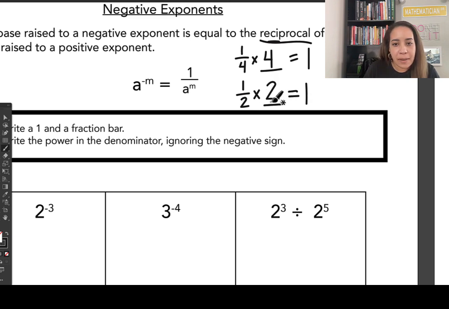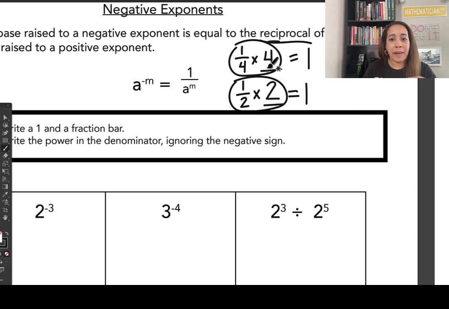So these are examples of reciprocals. 1/4 is a reciprocal of 4, and 4 is a reciprocal of 1/4. 1/2 is a reciprocal of 2, and 2 is a reciprocal of 1/2. So those are our pairs that go together.